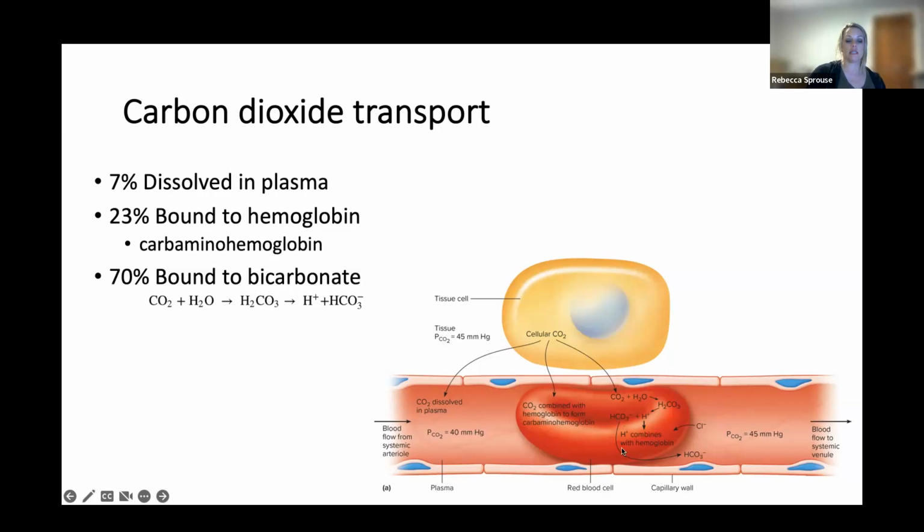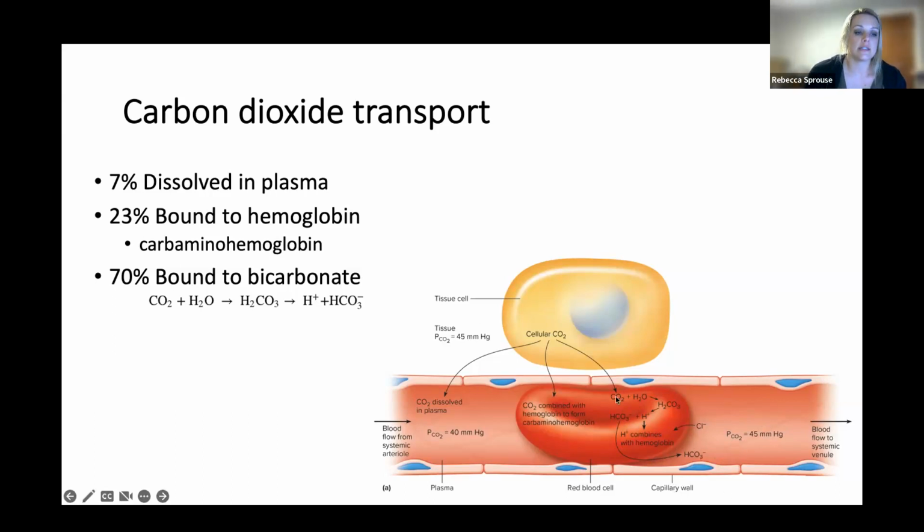Bicarbonate leaves the red blood cell and hangs out in the bloodstream until it's needed. It's a buffer. The hydrogen ions will hang out on the red blood cell. Hydrogen ions do compete for binding sites with oxygen. So kind of one or the other has to bind hemoglobin, essentially, which also makes hemoglobin a buffer as well, because it can bind those hydrogen ions.